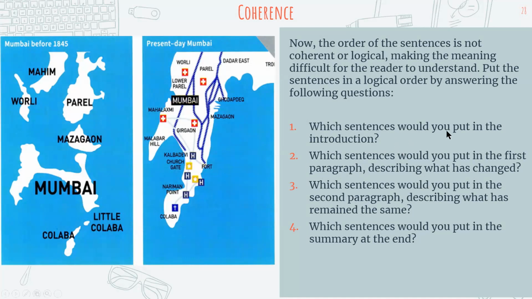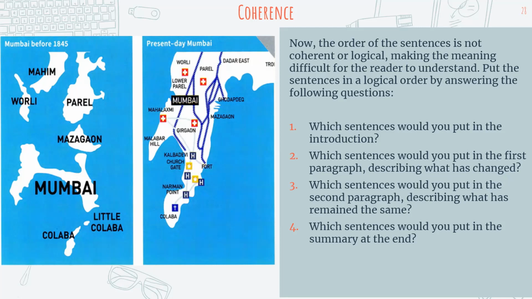Which sentences would you put in the introduction? Which sentences would you put in the first paragraph describing what has changed? Because as we said, we need to talk about what changed and what remained the same. This is how you write your report about the map, the changes in these two maps between the past and Mumbai now.